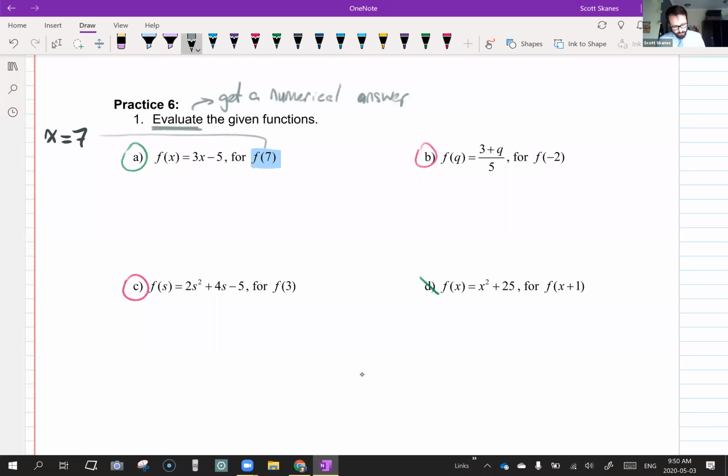Okay? So what this means is the function, before we start, this is the function that takes any number, multiplies it by 3, takes away 5. So we say the function, when x is 7, is 3 times 7 minus 5. What's 3 times 7 minus 5? Well, it's 21 minus 5, or 16.